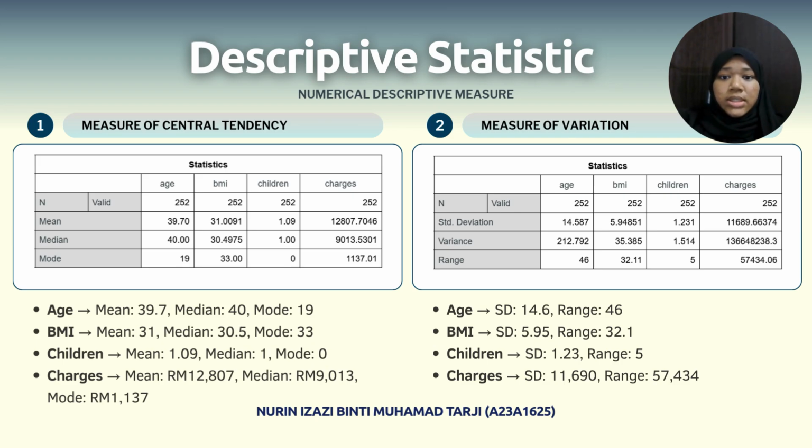For children, the range is from 0 to 5. The small standard deviation means most families are small. For charges, the variation is large. The range is about 57,000 ringgit and the standard deviation is very high, showing big difference in cost among respondents.